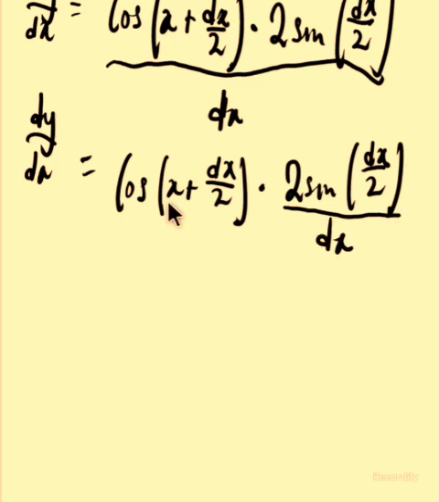If we multiply this with this again, we are going to have this back. Assuming this is over 1, it's still the same thing as cos of x plus dx over 2.